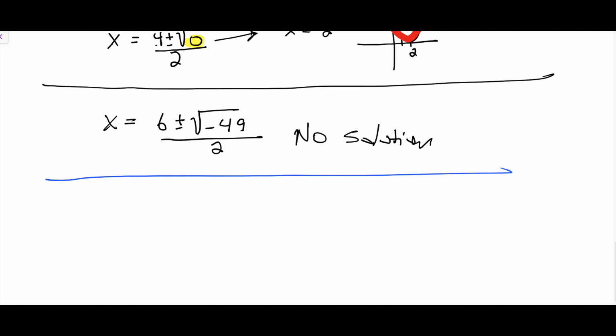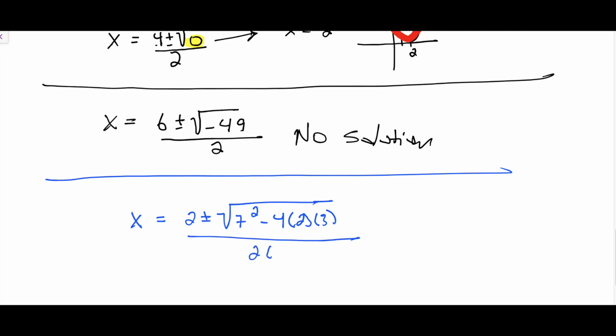All right. Let's see if you can do this math right here. So let's say you have x equals 2 plus or minus the square root of 7 squared minus 4 times 2 times 3, all over 2 times 4.